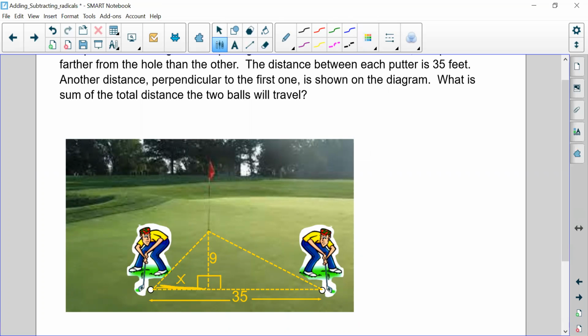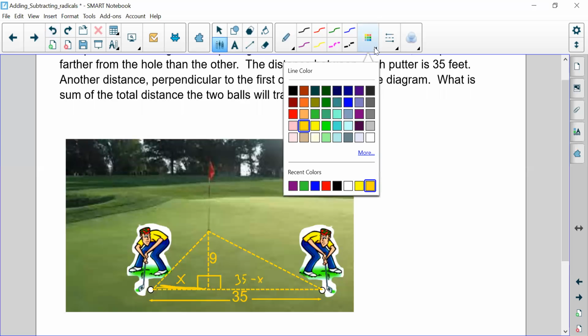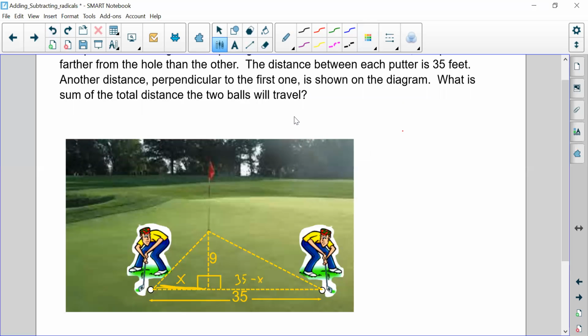So that distance is x long. I don't know how long it is, but if that's x long, then how long is this leg right here? Remember, the whole thing was 35. So if I take away x, then that leg right there must be 35 minus x. And if you followed along that far, then you should be good.